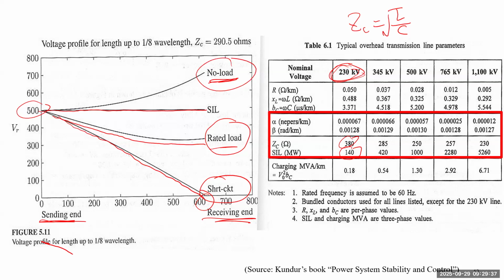Okay, so if you need to power a much higher load than 140 megawatts, for instance around 400 megawatts, it's better to have a higher voltage line, 345 kV. Then you can maintain operation near the new surge impedance loading. If you want to power 1 gigawatt, it's better to have a 500 kV line.